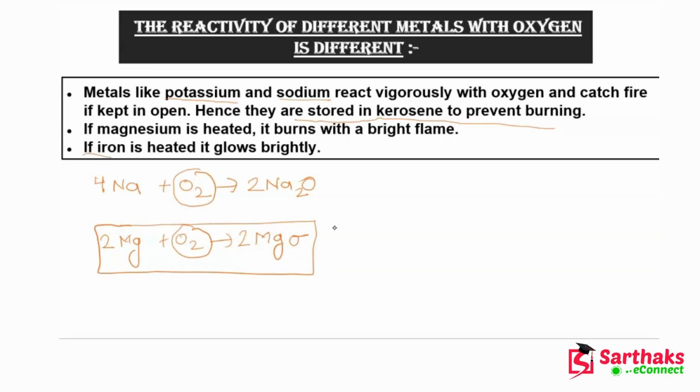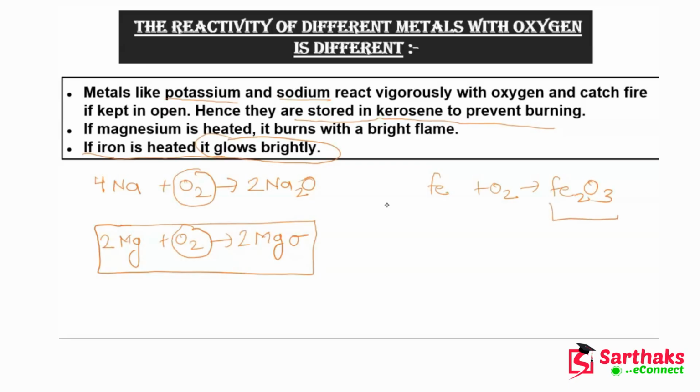Now if I talk about iron, iron is heated and it is glowing brightly. If I have to write down the equation for iron, this will be Fe plus O2, and it will form Fe2O3.